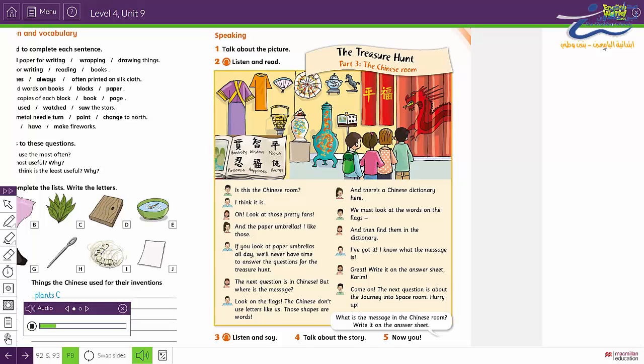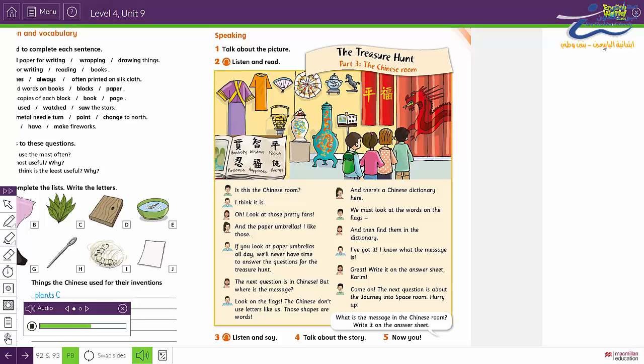Is this the Chinese room? I think it is. Oh, look at those pretty fans. And the paper umbrellas. I like those. If you look at paper umbrellas all day, we'll never have time to answer the questions for the treasure hunt. The next question is in Chinese, but where is the message? Look on the flags. The Chinese don't use letters like us.